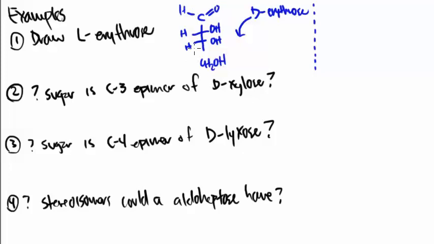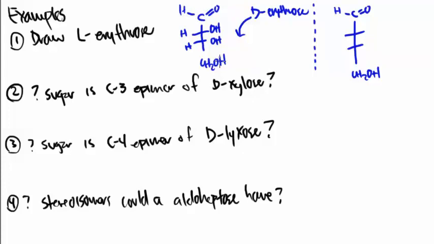Once I take erythrose, I do the mirror image, flip it. So C double bond OH and then CH2OH at the bottom. What happens is that this OH group will flip, as well as this OH group. The C double bond OH, that doesn't move. That's at the top, that's kind of the head.